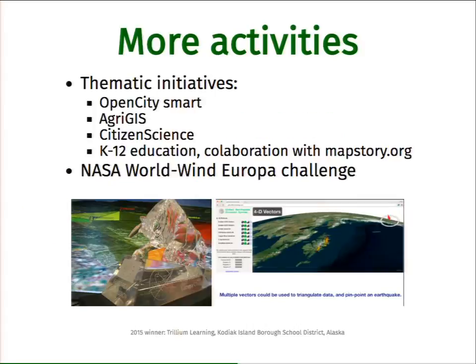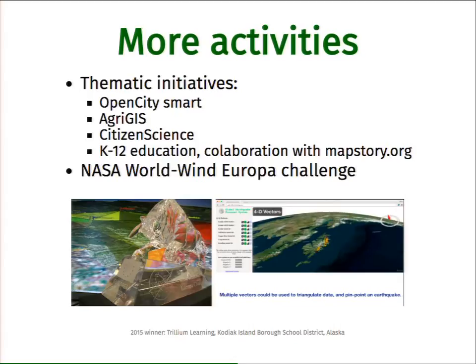Now, as I said, with so many labs, there are many ideas about how to collaborate. So people started to form groups that are focused on certain themes and topics. One is smart cities.